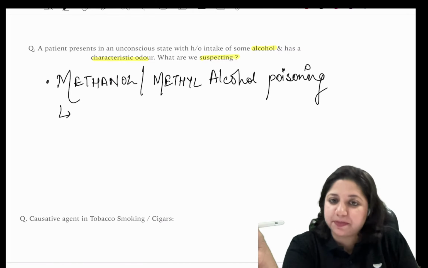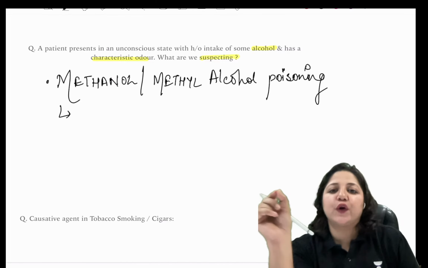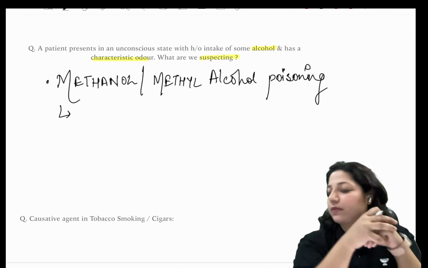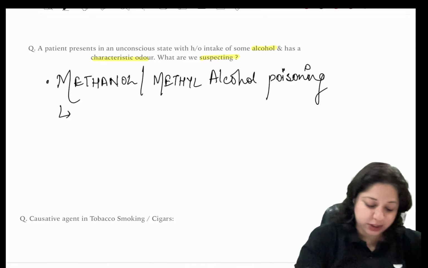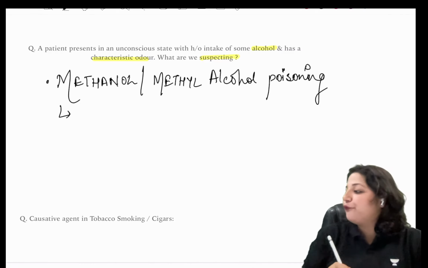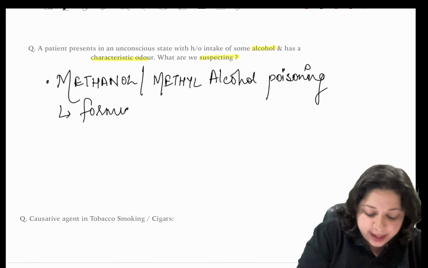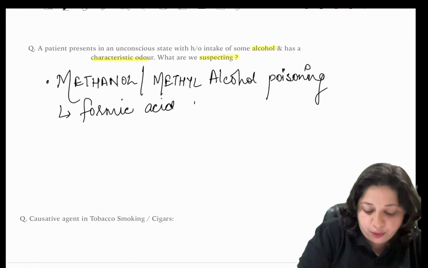What is responsible for causing the effects of methanol poisoning? What is responsible for causing all these effects? Formic acid. Absolutely. It is formic acid or formaldehyde.